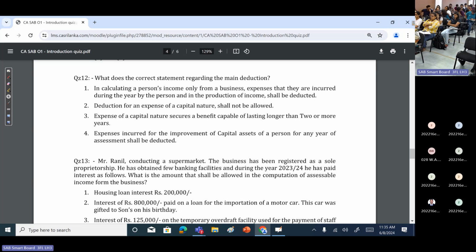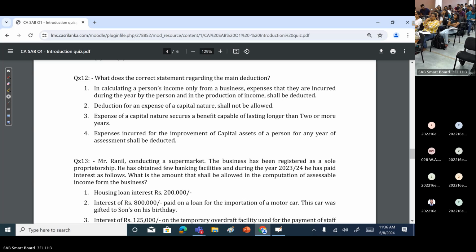It says calculating a person's income from business or investment, expenses can be deducted, so this is incorrect. Deduction for expenses of a capital nature shall not be allowed.